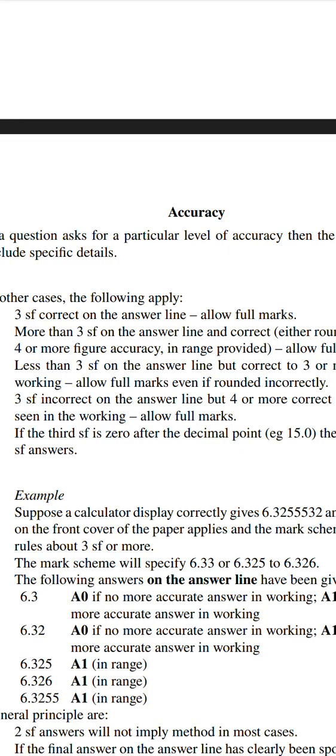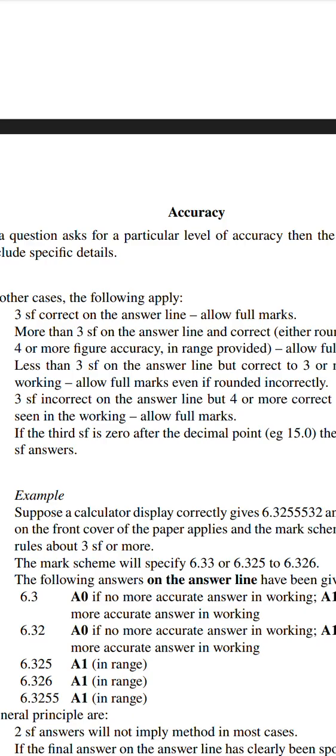If we have three significant figures, allow full marks, meaning your final answer should be three significant figures, even if during your working it is irrational or a very long number.